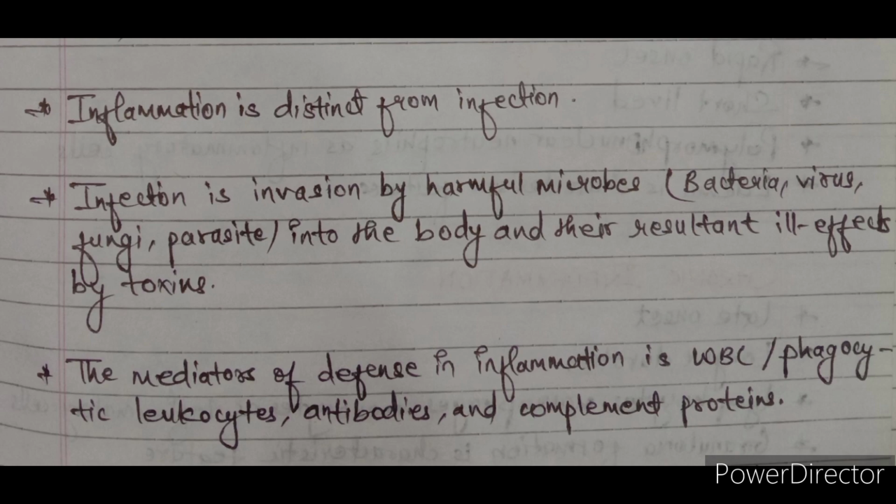Infection is invasion by harmful microbes, that is bacteria, virus, fungi and parasites, into the body and their resultant ill effects by toxins. The mediators of defense in inflammation are WBCs or phagocytic leukocytes, antibodies and complement proteins.